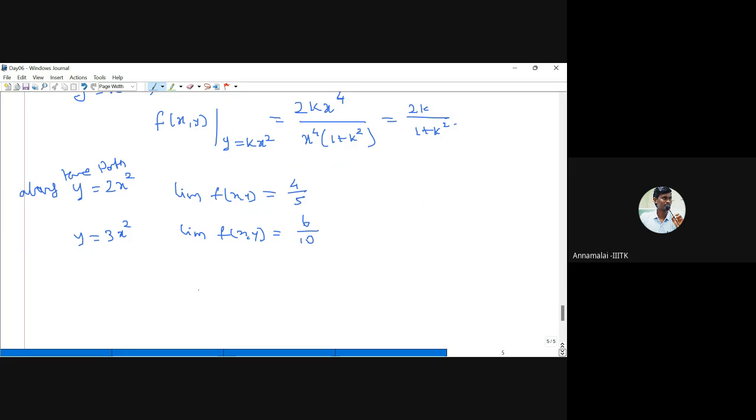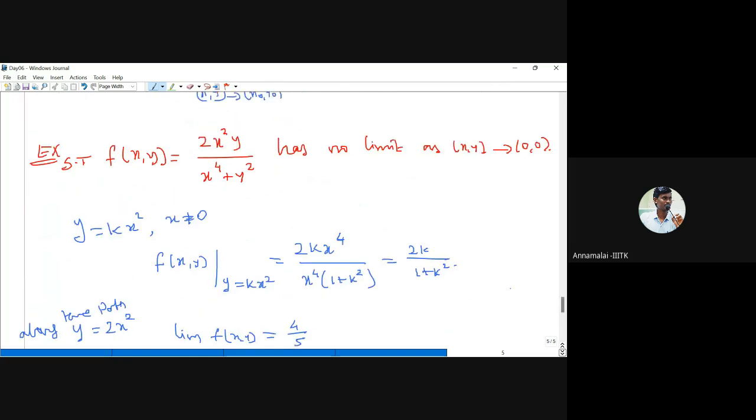Therefore, the limit of f of x comma y as x comma y approaches 0 comma 0 does not exist. So no need to check all the paths. You take either, because again the point 0, 0 we can approach via a straight line also.